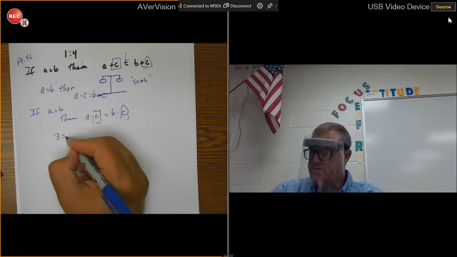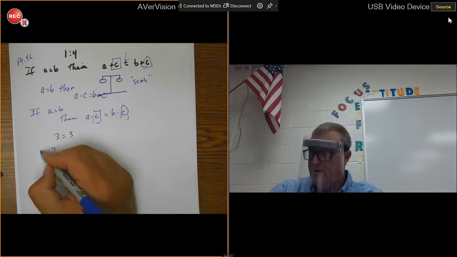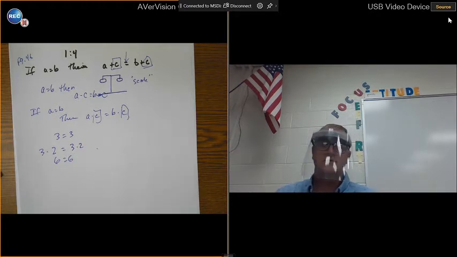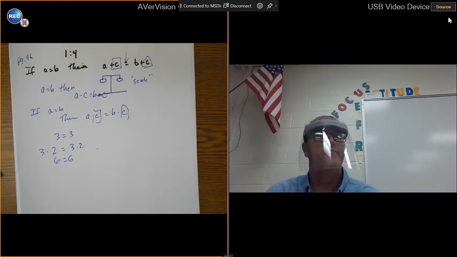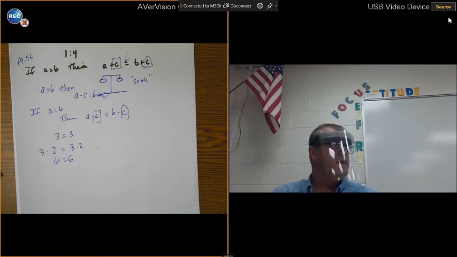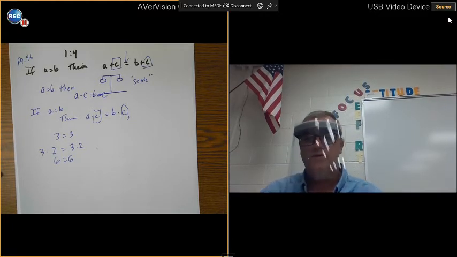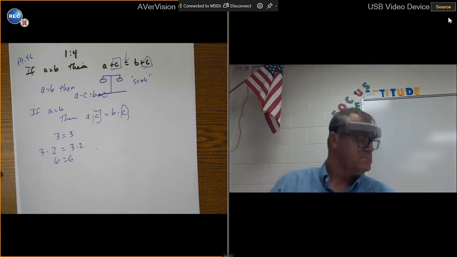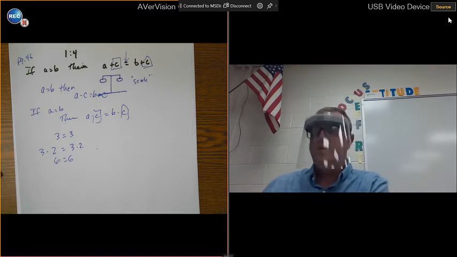If I have 3 equals 3, I can multiply by 2, and that still equals 6 equals 6. So the multiplication property to solve equations means you can multiply both sides at any time. Same thing's true for division.